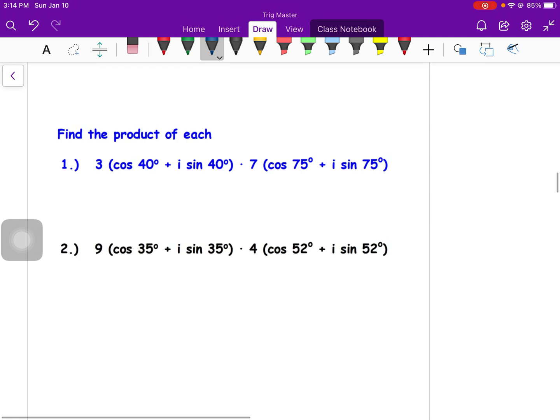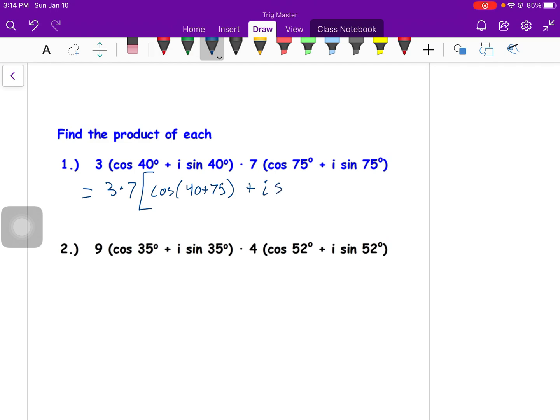All right. So when we jump into these, we're going to find the product first. So for these ones, when you're finding the product, that's 3 times 7. We multiply the r part, the modulus, the radii. And then inside these parentheses, I'm going to probably accidentally do this multiple times, but I'm going to try to put a big square bracket around the entire thing because these cosine terms are going to need parentheses because I'm adding those two angles together.